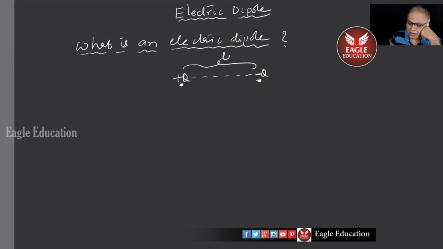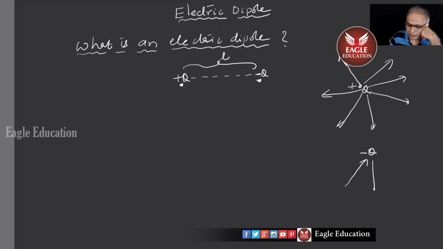Look, when I have just a plus Q charge alone, there's a field away from it, we told. And if there's a minus charge alone, there's a field like this towards it. But these are point charges. They're basically approximations.